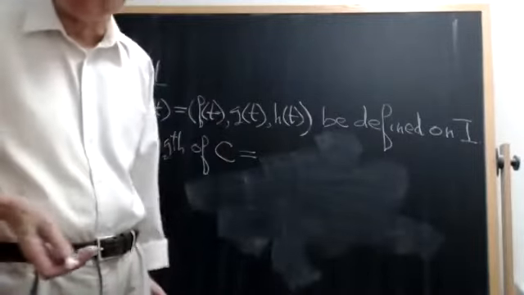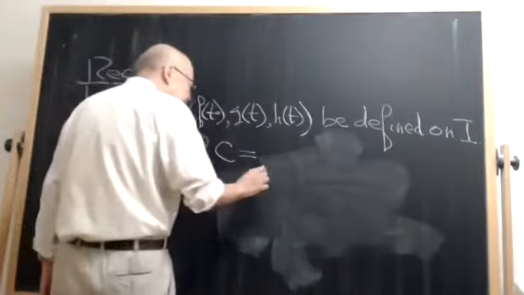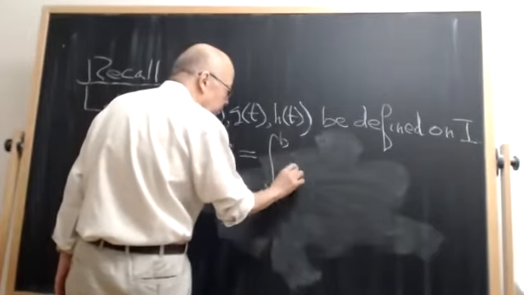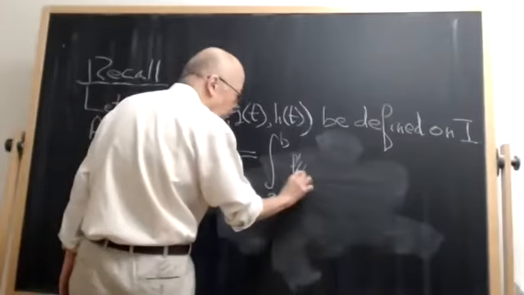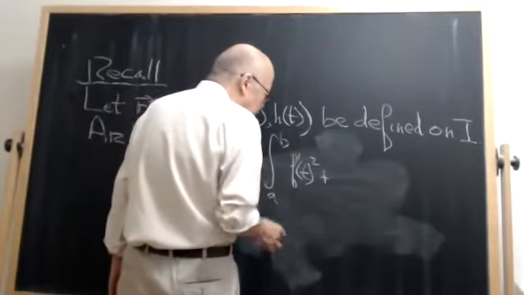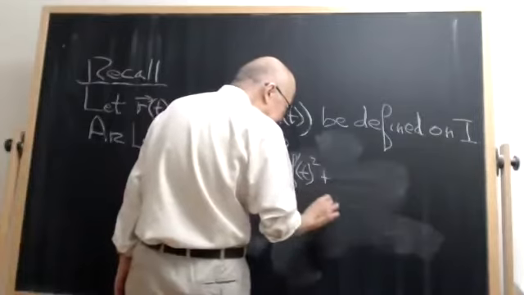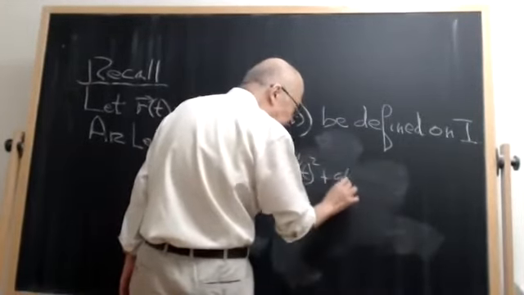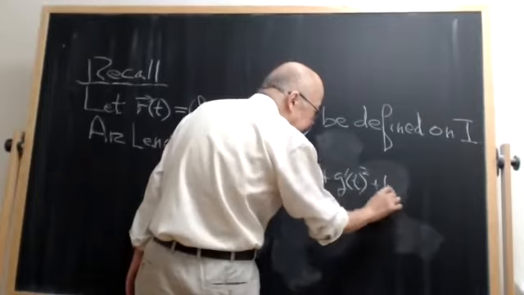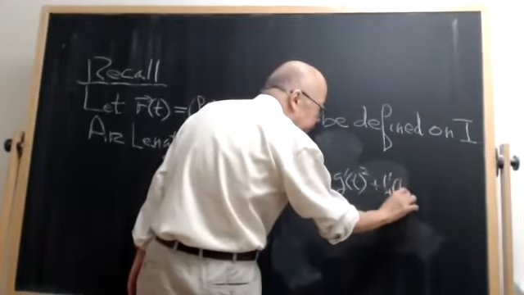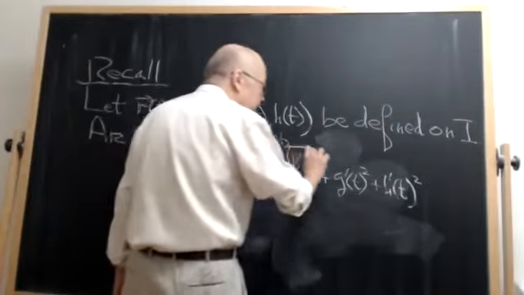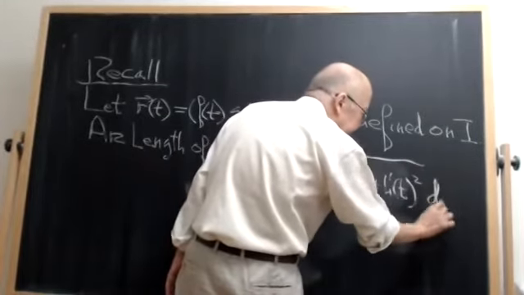Definition plus some computations would give the arc length of the curve C. So it's the integral of the square root of f prime t squared plus g prime t squared plus h prime t squared, dt.